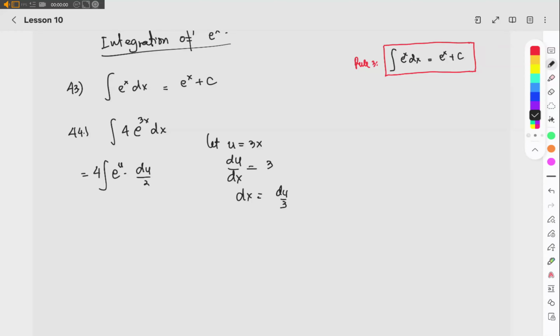So you take out the 3, so 4 over 3 integral of e to the u du. That just simply gets you 4 over 3 e to the u plus c. Now you know that your u is simply equal to 3x, so 4 over 3 e to the 3x plus c. And this is your answer. Okay?